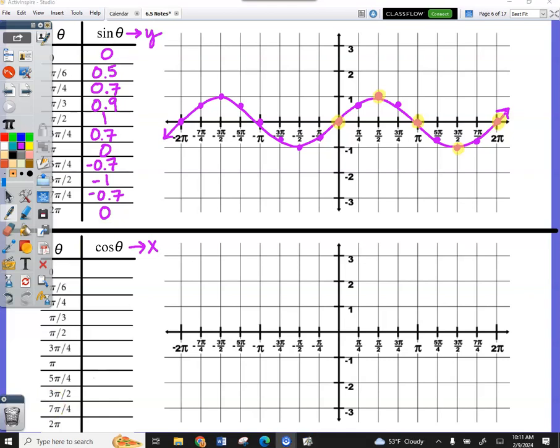All right, what is the x coordinate at 0? 1.